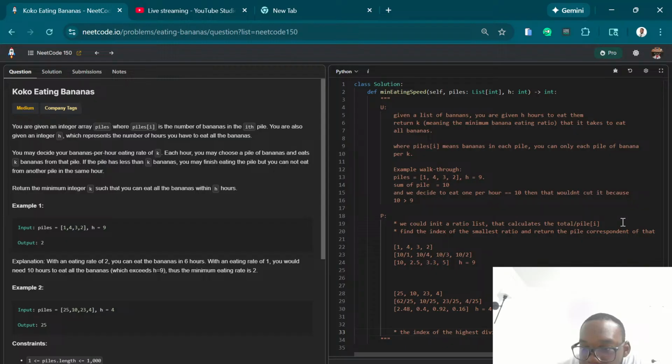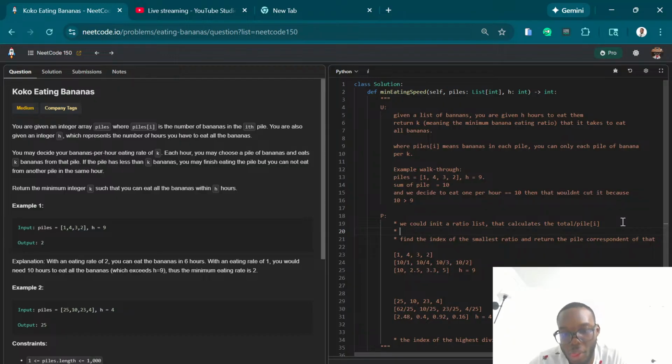So what we do here is, okay, we could init the ratio list that calculates that over that, and then loop. We can do this more efficiently, but I just wanted to go brute force first. Have a max, or technically max val in this scenario. I know it doesn't mean that, but technically max val.